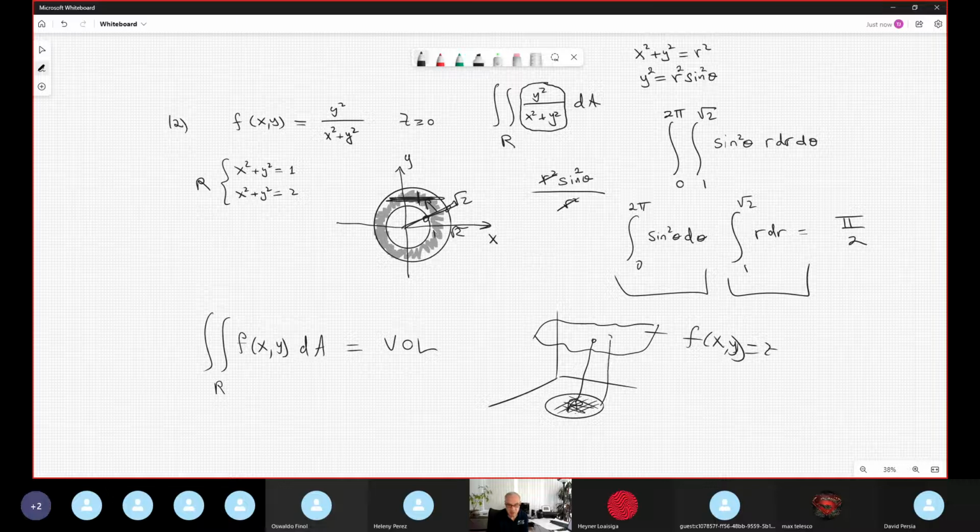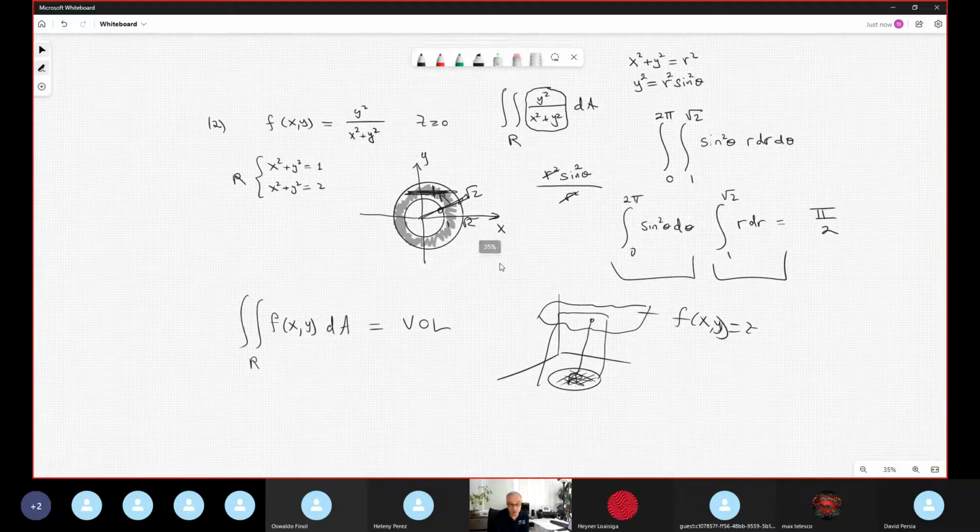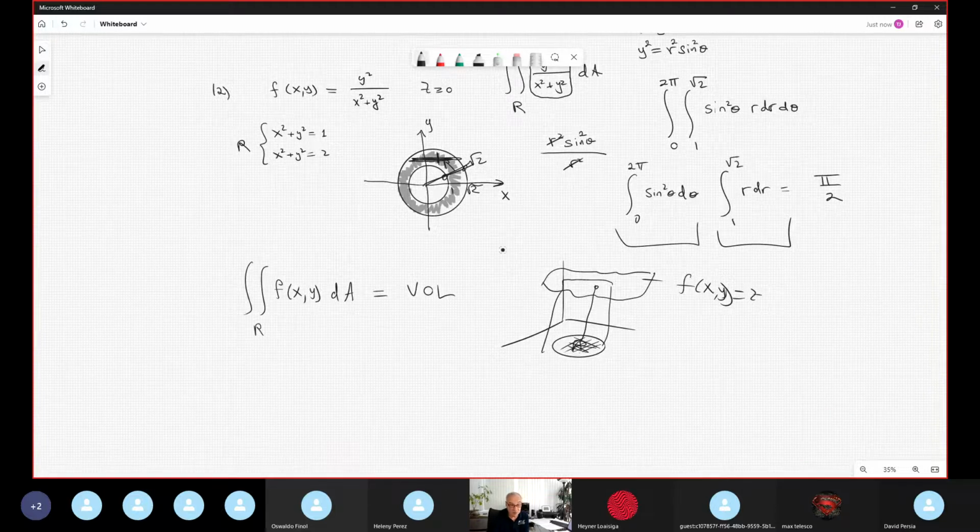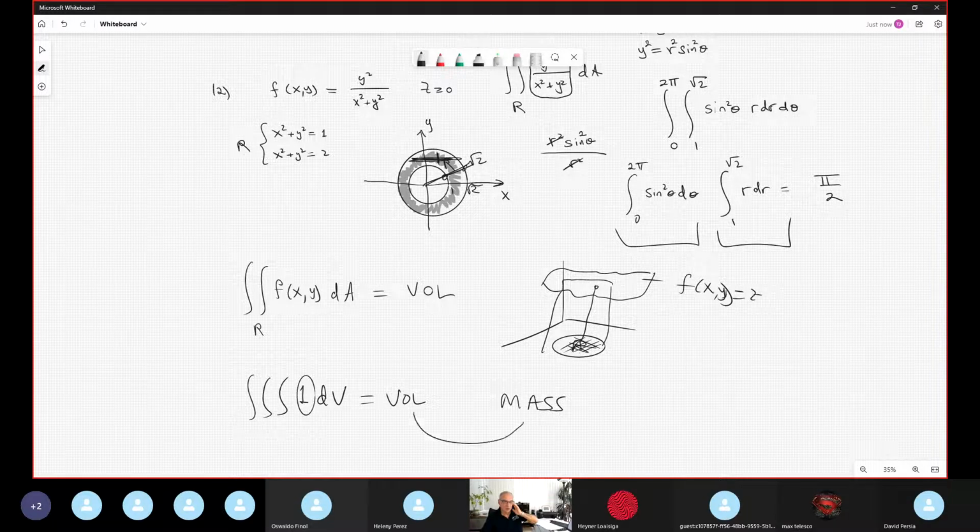So it's obvious that it is the volume, no? However, we can compute the volume using a triple integral, of course. But in this case, when you put the triple integral, the integrand function is 1. It's also volume. In the scenario that it's not 1, then it's something else. You are doing it artificially: if you suppose that the density is 1, then there is a numerical coincidence between volume and mass.